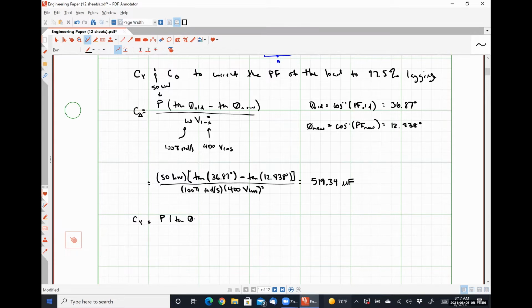Tangent theta old minus tangent theta new, exactly the same. Omega is exactly the same. But how's this VRMS going to be different?